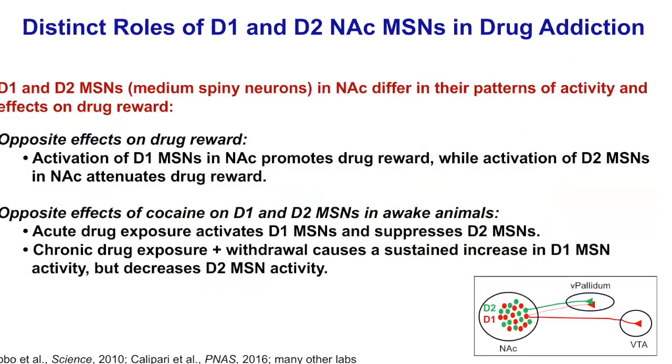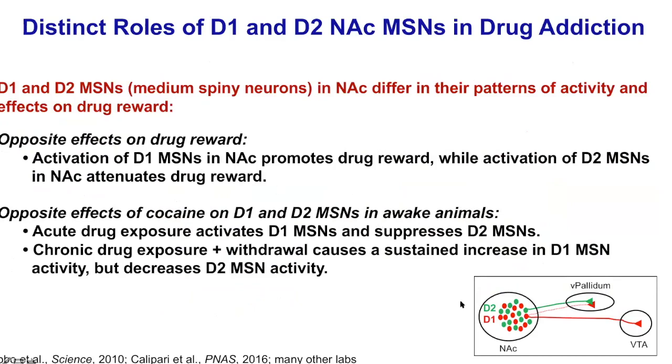Now, everything that I've talked about thus far has focused on bulk RNA sequencing on crude homogenates of nucleus accumbens, even though we know that every brain area is comprised of many different cell types. For the nucleus accumbens, the major nerve cell type is called the medium spiny neuron, the major projection neuron of the brain area, divided into two main subtypes based on the type of dopamine receptor they express, D1 or D2.